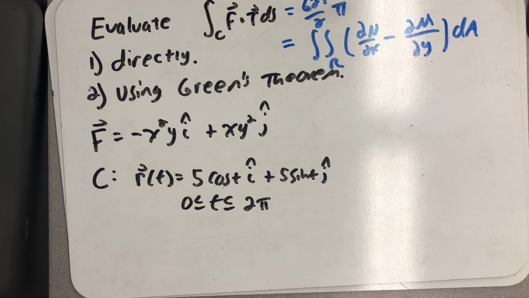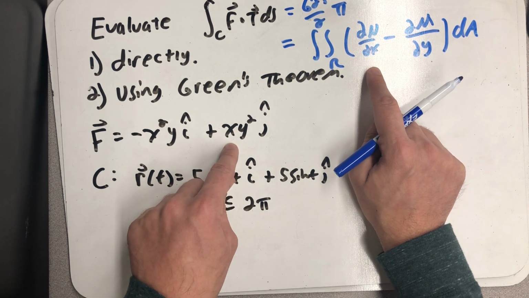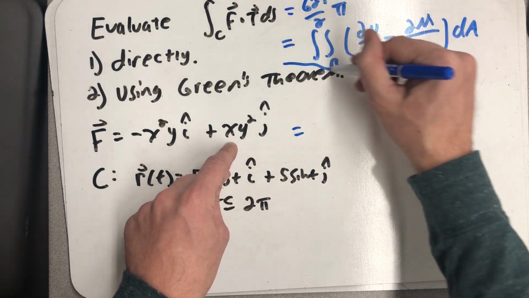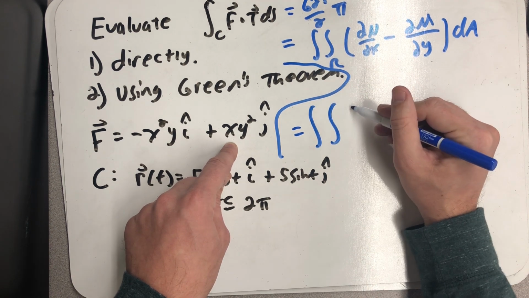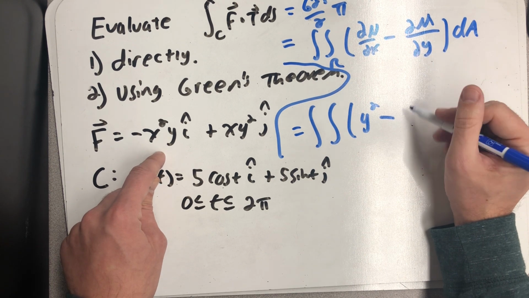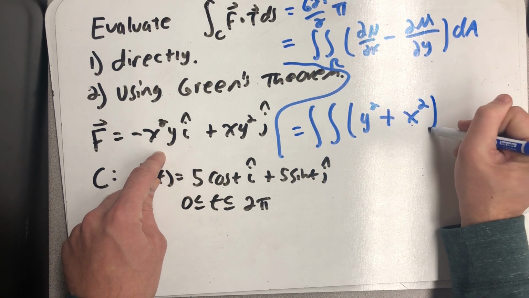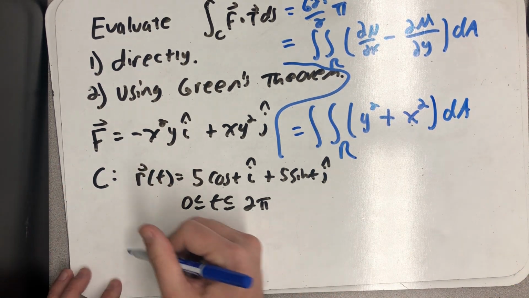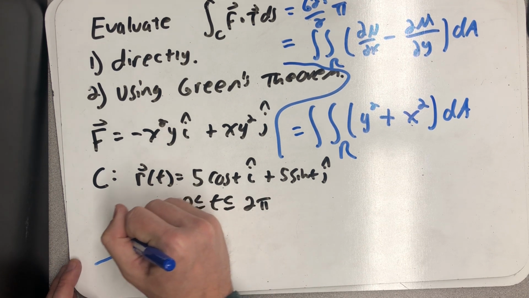So I need to take some partial derivatives. So the partial of N with respect to x, well, that's y squared. So I'm thinking about this double integral up here in blue being equal to y squared minus the partial of M with respect to y, which is minus x squared, over that region R. Well, what's my region R? Well, it's a circle of radius 5.